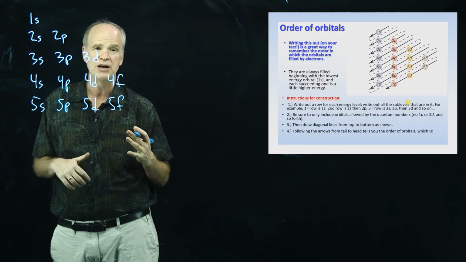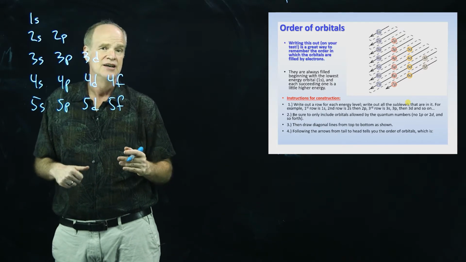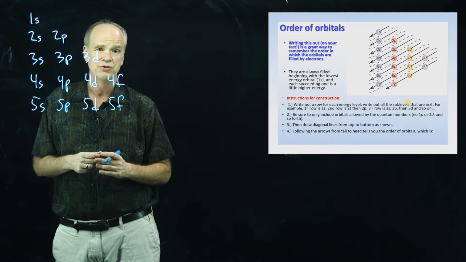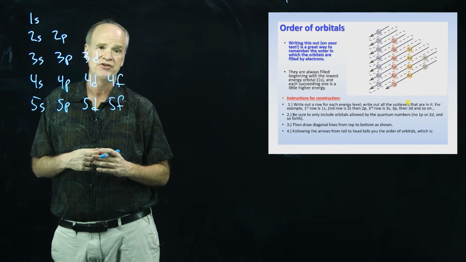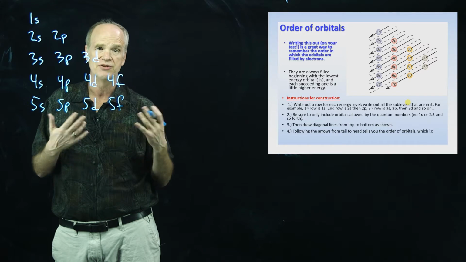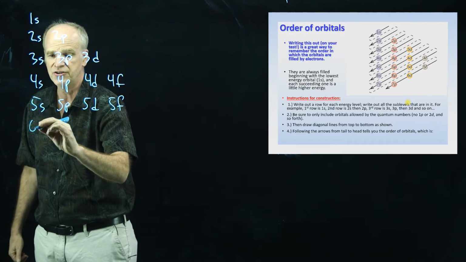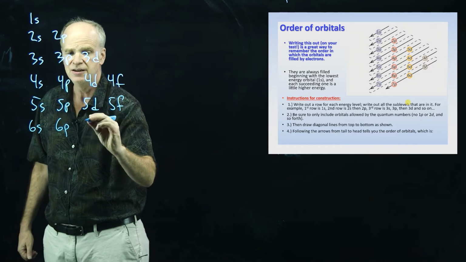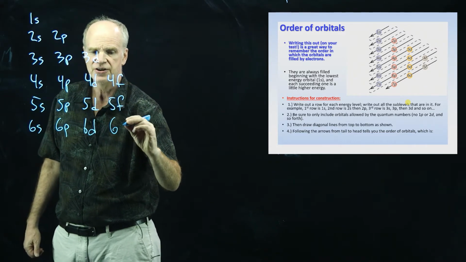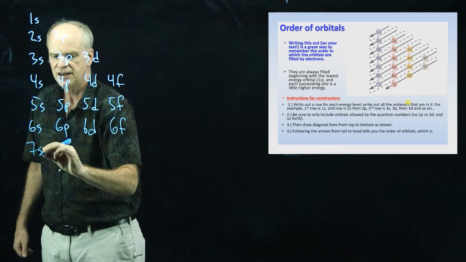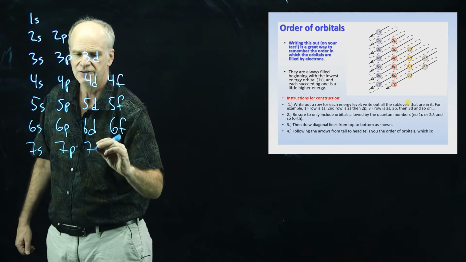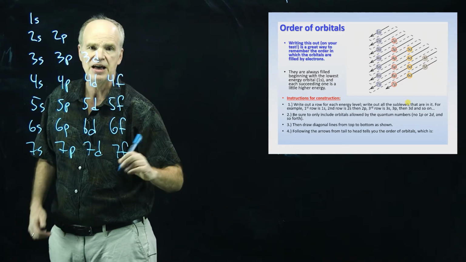By the time you get up to the 5g, it will not pick up those highest energy electrons of the 118 that are there. So I don't bother writing 5g. I next write 6s, 6p, 6d, 6f, 7s, 7p, 7d, 7f. And that should be enough.